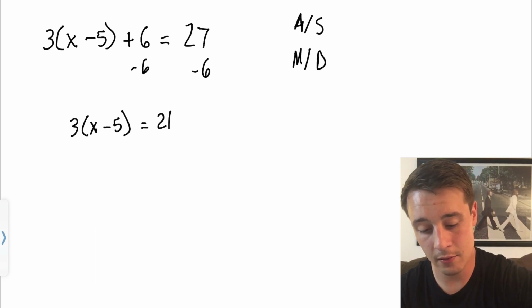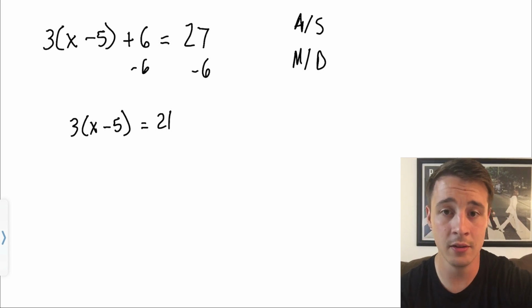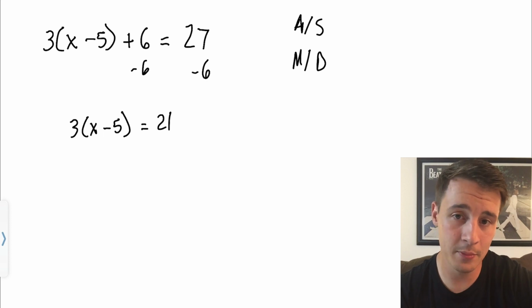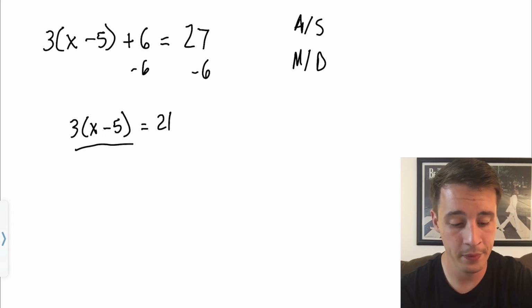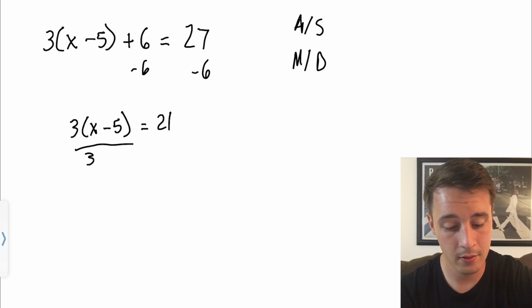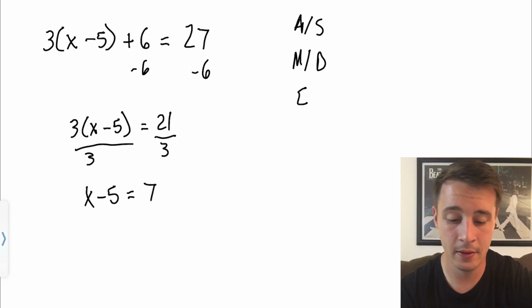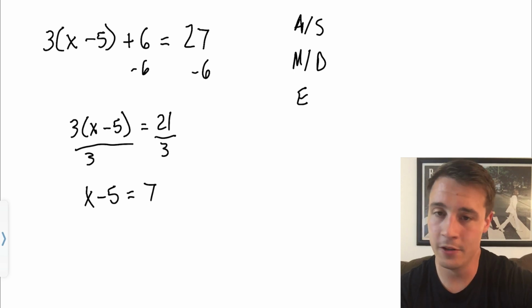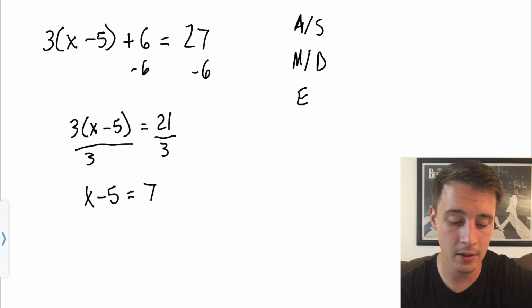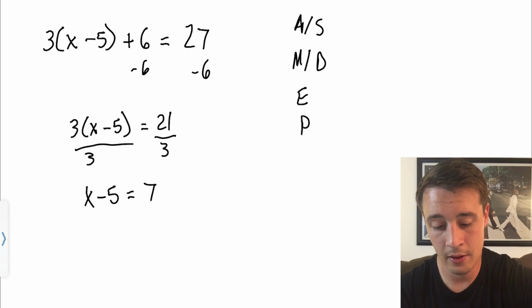Now we're looking at multiplication and division. Now we have 3 times x minus 5 equals 21. Well, I can divide both sides by 3, which leaves me with x minus 5 equals 7. All right. Now, there's no exponents that I have to evaluate or solve for.